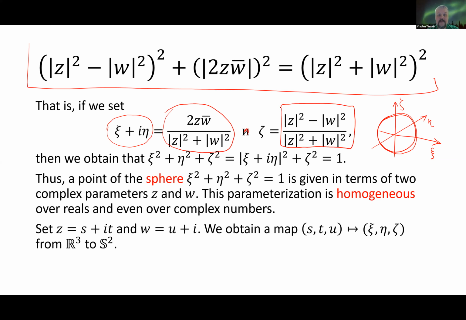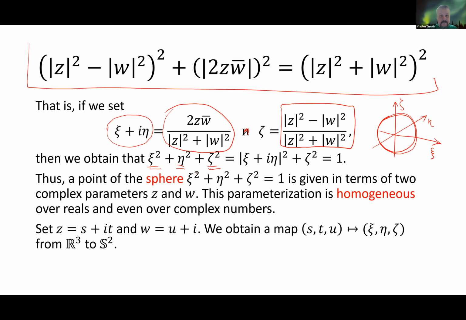So then we just need to verify that what we get by using these formulas is a point of the sphere. So we need to verify that psi squared plus eta squared plus zeta squared is equal to 1.